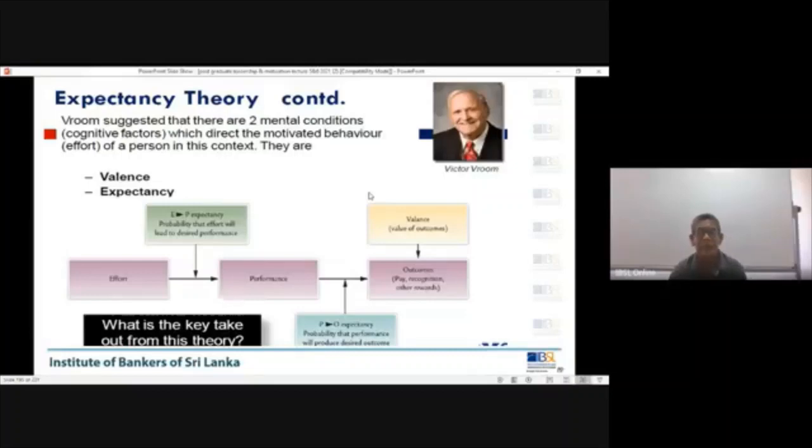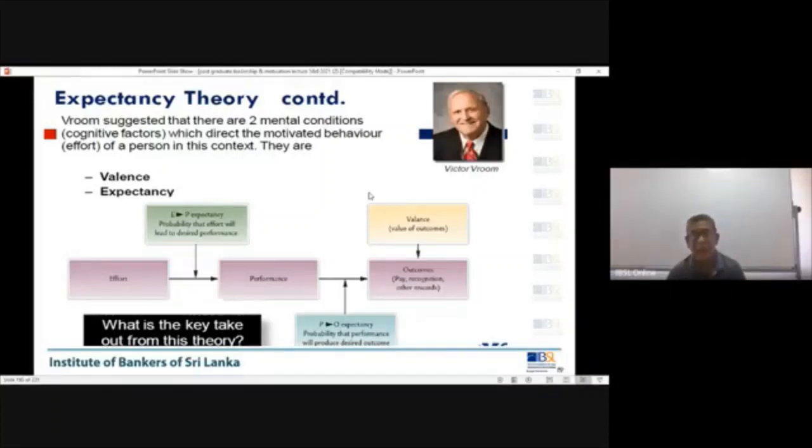Expectancy means the probability that effort will lead to the desired performance. What are the chances of achieving the performance?